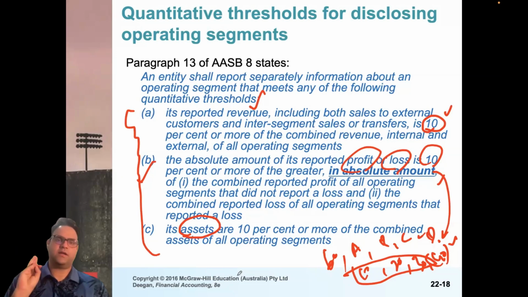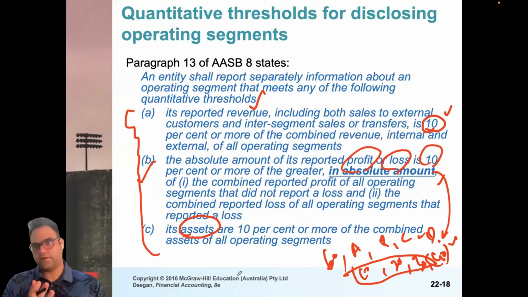So there are three criteria: revenue, profit, and assets. If they are 10% or more, it passes the quantitative threshold, and we consider that segment a reportable segment.